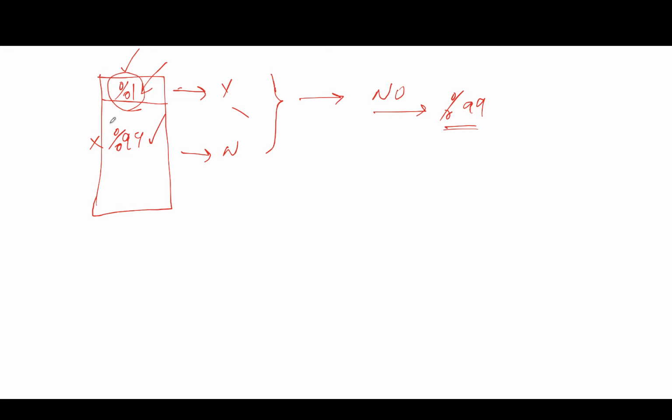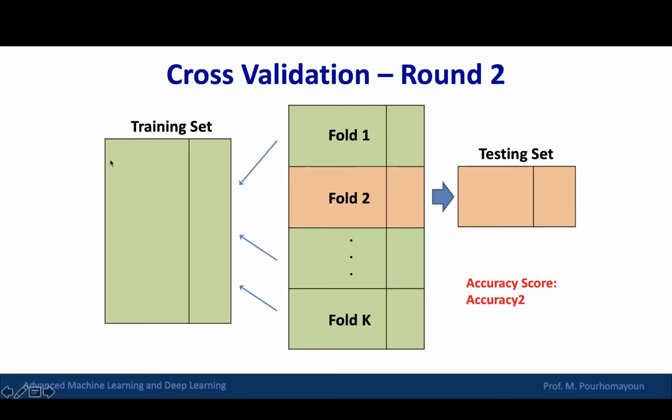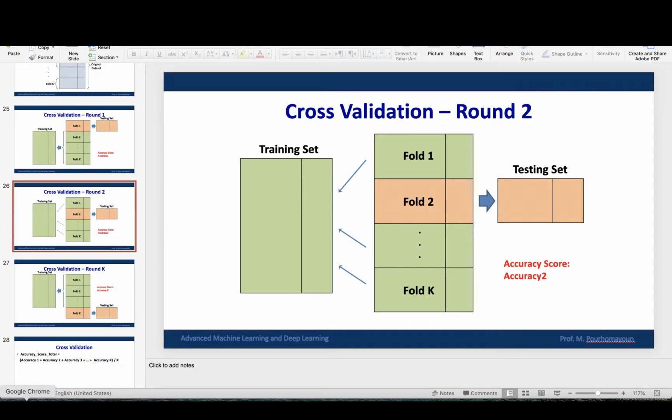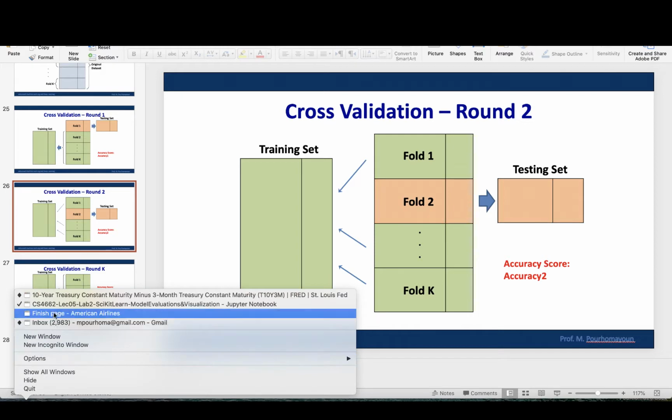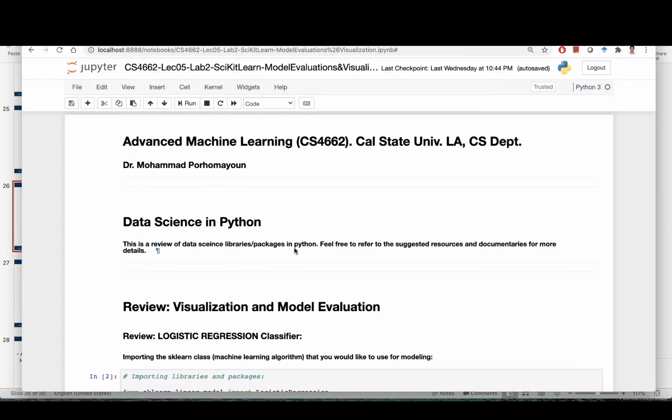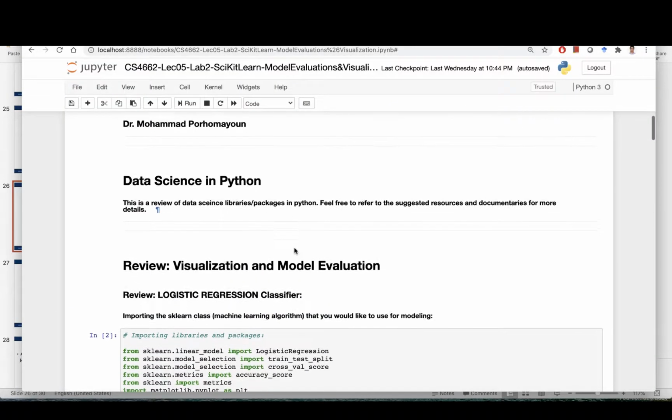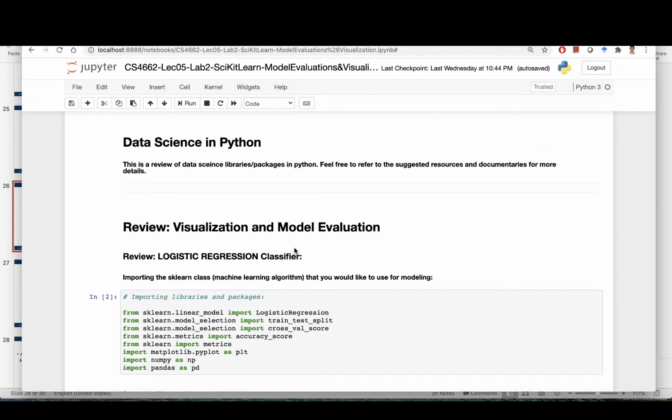That is why sometimes we don't use accuracy as a metric. Last semester we talked about that. We saw some other metrics such as false positive rate, false negative rate, and we plotted the ROC curve.